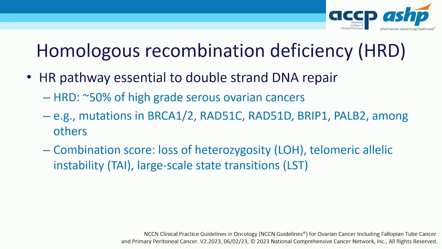It is a combination score, so it's a combination of a loss of heterozygosity, telomeric allelic instability, and large-scale state transitions. And if that score is high enough, then they qualify for what's considered a homologous recombination deficiency. And we would treat them and expect that they respond to things like PARP inhibitors, very similar to what we would see for our BRCA mutated patients.